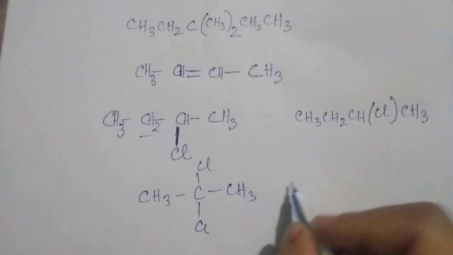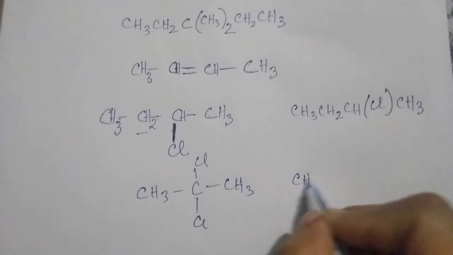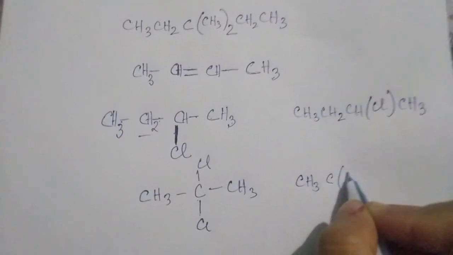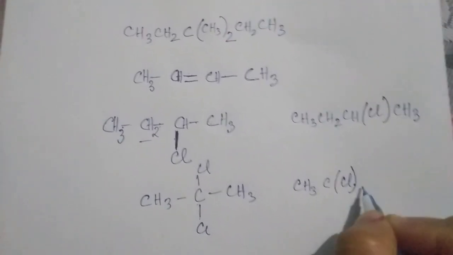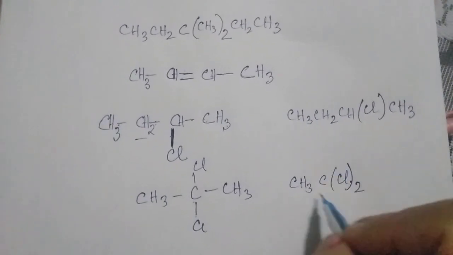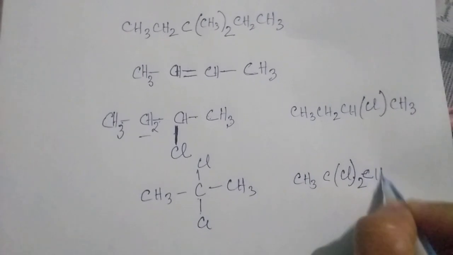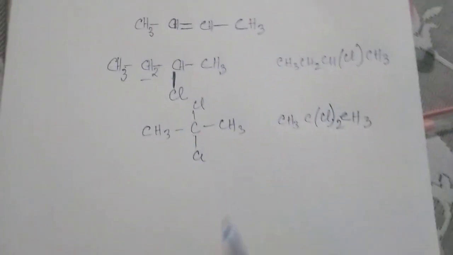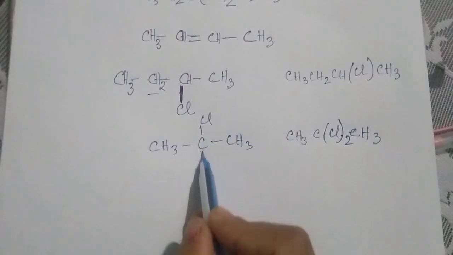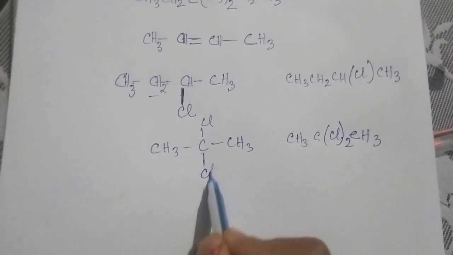So if we want to write in the form of formula, we can write CH3, C, and Cl2, Cl twice. That means it is out of the chain, a branch. Okay, then we can write CH3. So we should put a single bond with chlorine, with any halogen group.